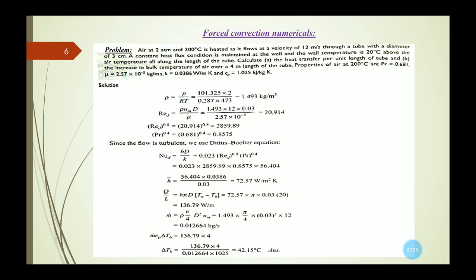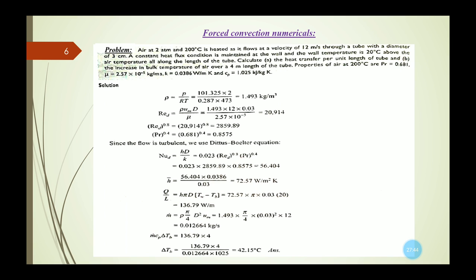Now to calculate the heat transfer per unit length of the tube, we need to use this formula, that is Newton's law of cooling, which is Q by L. In case of this tube, Q equals hA into temperature difference, so A equals pi dL in case of the tube here. As we need to calculate the heat transfer per unit length, we need to calculate Q by L actually.